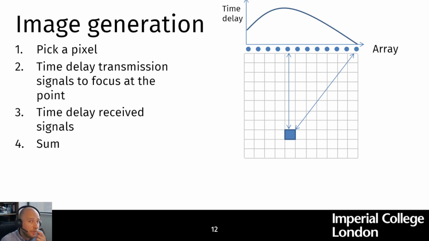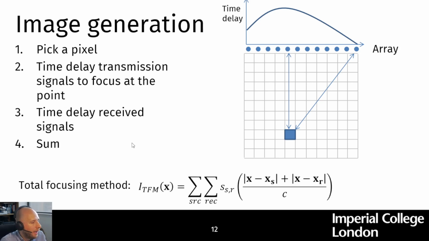And if there isn't a scatterer present, but maybe there's a scatterer somewhere else, then they won't be coherently aligned. They'll be distorted in different directions, so you won't get a strong summation. You won't get the same focusing effect. So that's basically the concept. And you see the idea of delay and sum now, so that's where the other names start to come in. This is represented mathematically down here.